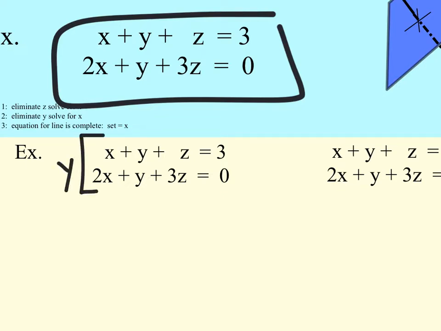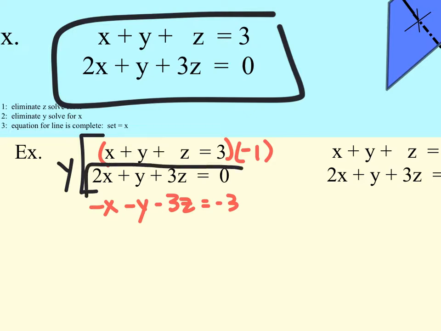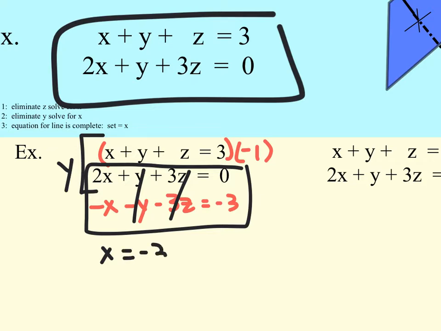To eliminate y, I'd multiply this by -1, which would give me -x minus y minus 3z equals -3. Then I'm going to add these two together, so that'll give me x. The y's will go away. Oh, the z's will go away, and I get -3. Okay, so I get x equals -3.